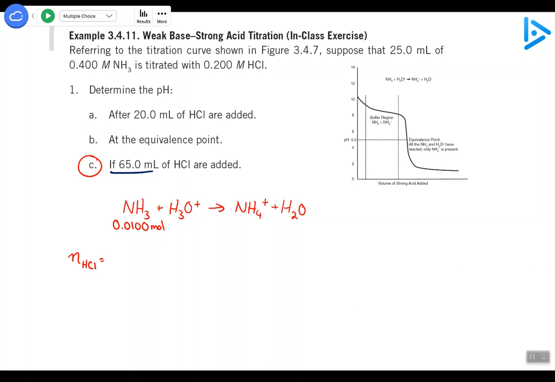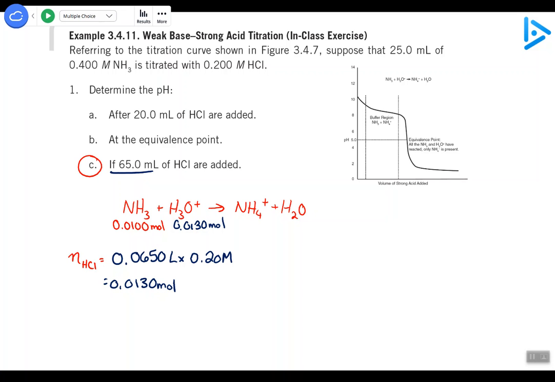Let's go ahead and calculate the number of moles. We already calculated the starting number of moles of NH3. We're solving this problem as if we're starting from the beginning again.